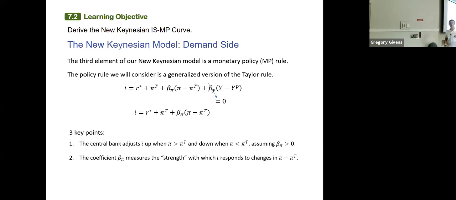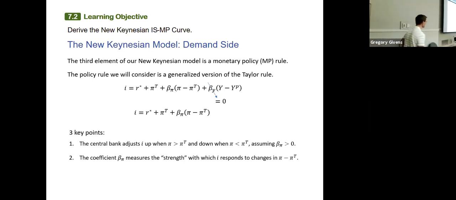So the central bank will raise the interest rate in response to higher than target inflation. It will lower the interest rate in response to a negative inflation gap. That's going to be true if the coefficient beta pi is greater than 0, which it will be in our exercises.